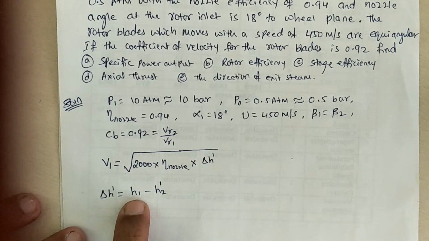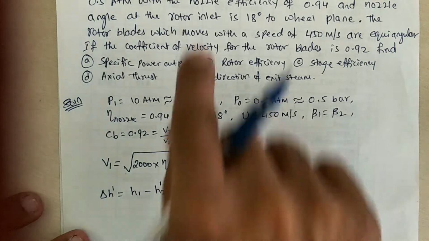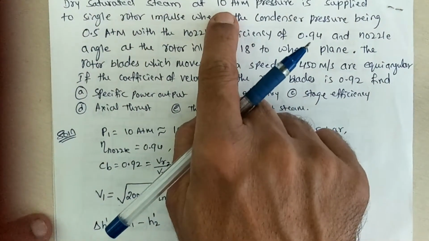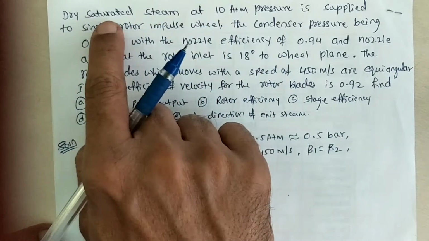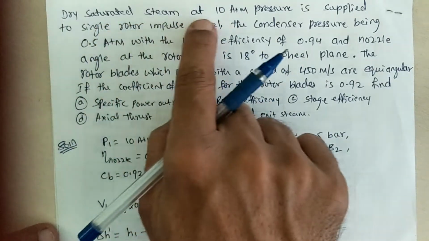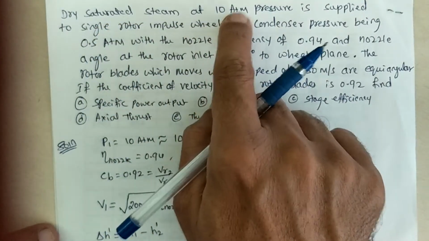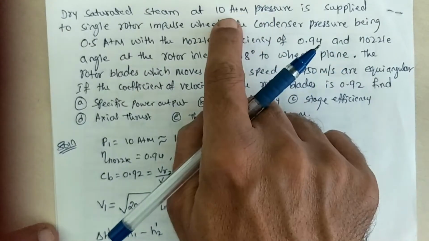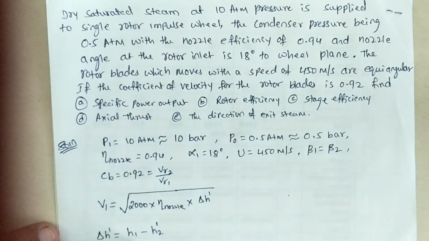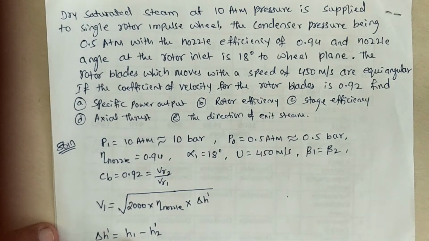Here h1 is the enthalpy, right? That value is to be obtained at this pressure, that is at 10 atmospheric pressure. The condition of the steam is given: dry saturated steam at 10 atmosphere. So at 10 atmospheric pressure, we need to calculate the value of h1.